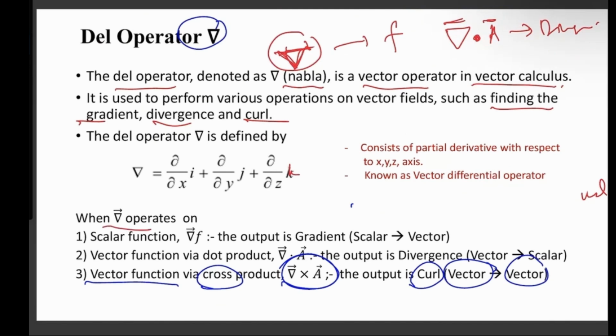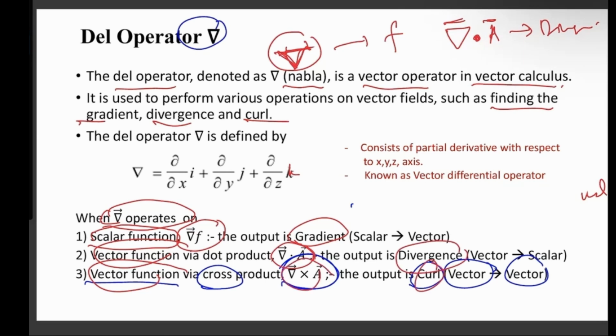It can operate on a scalar field and also on a vector. There are 3 types of del operator. Operating on a scalar function, it becomes a gradient. If you dot it with a vector function, it becomes divergence. If you cross it with a vector, it becomes curl. Okay, that's all. Thank you very much.